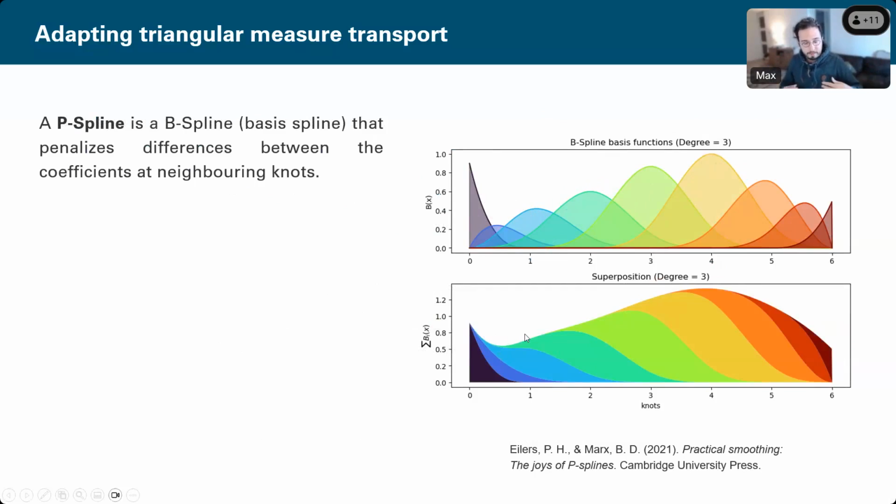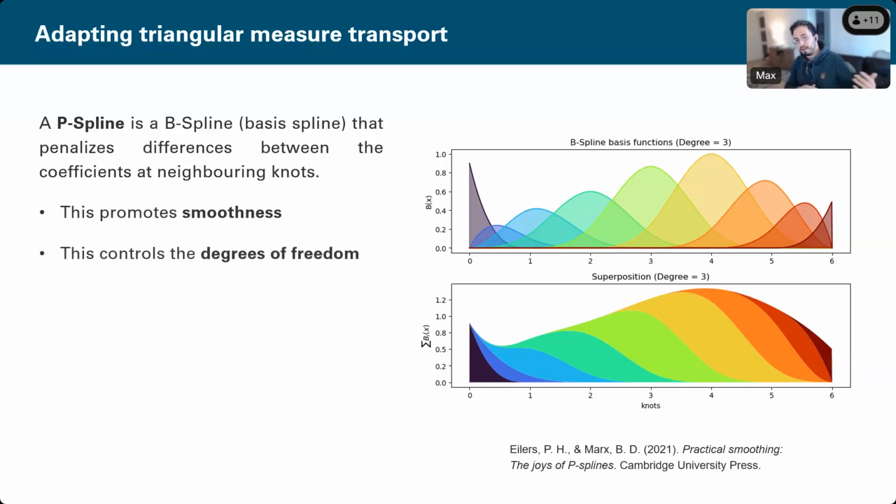And this has a number of really interesting practical advantages for avoiding overfitting. The first one is, of course, the penalty term promotes smoothness, which makes our maps perform a little bit more robustly. And secondly, it also controls the degrees of freedom in our update, or the degree of nonlinearity. If we enforce the second-order difference very strongly, then our P-spline map actually becomes linear.